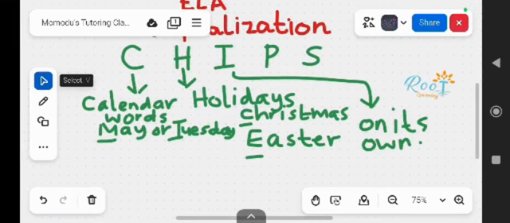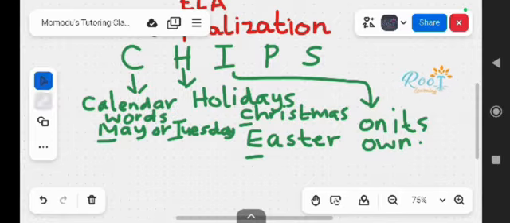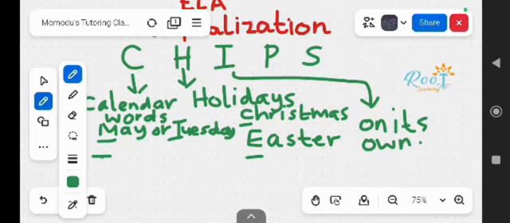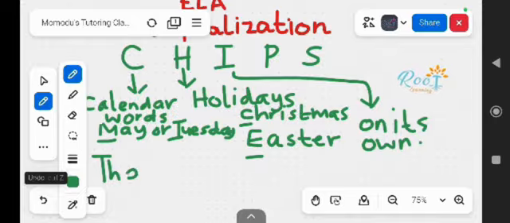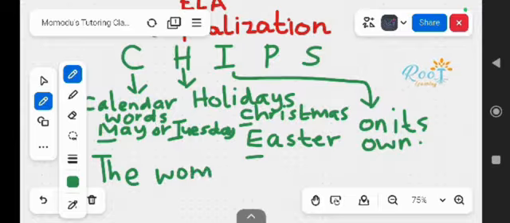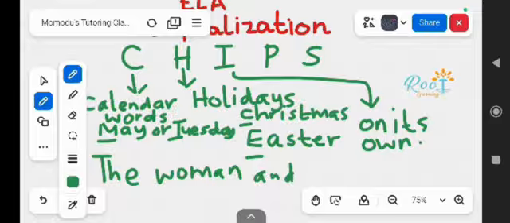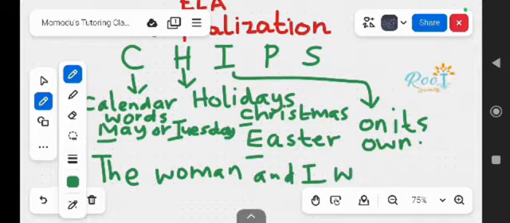Okay? Let me write that down. The woman and I, you can see uppercase, will dance.